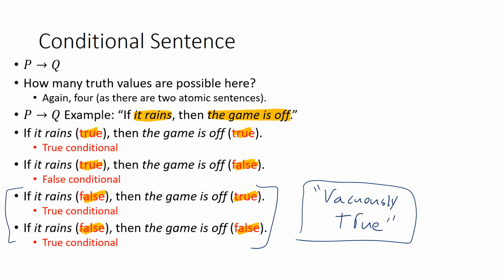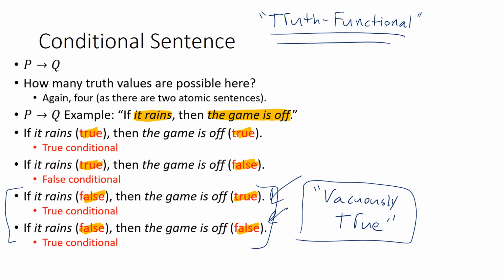I should note a few things here. Another reason why these 2 we consider vacuously true is that in mathematical logic we have this truth functional point of view.